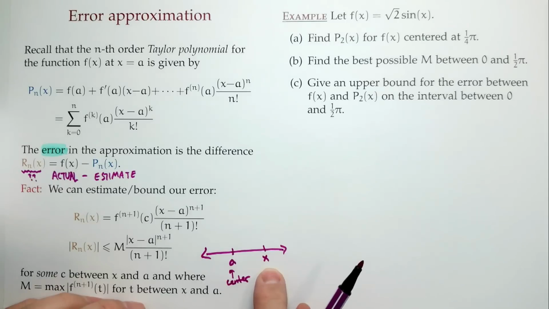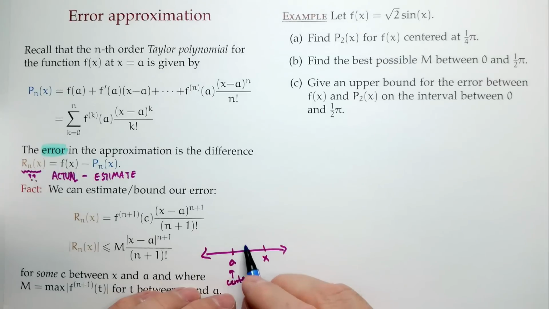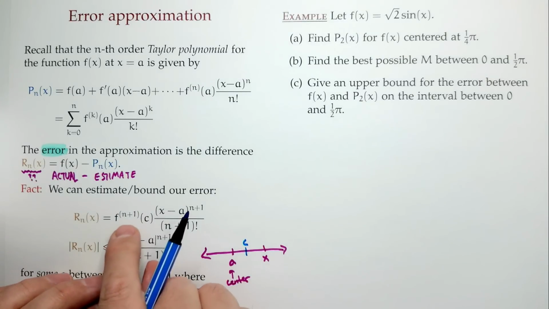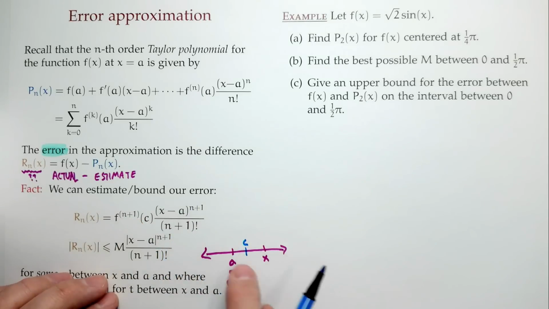That's what I'm after. Well, it turns out that, assuming your function is reasonably nice, which all the functions you're going to deal with are, in other words, you can take enough derivatives, there's going to be some point in between where the error looks like the n plus first derivative at that point c, times x minus a to the n plus 1, over n plus 1 factorial.